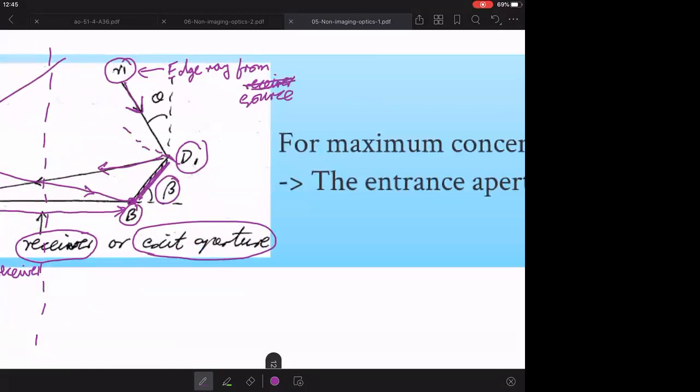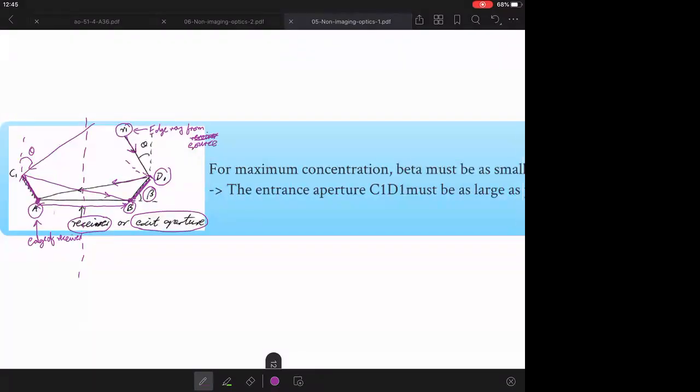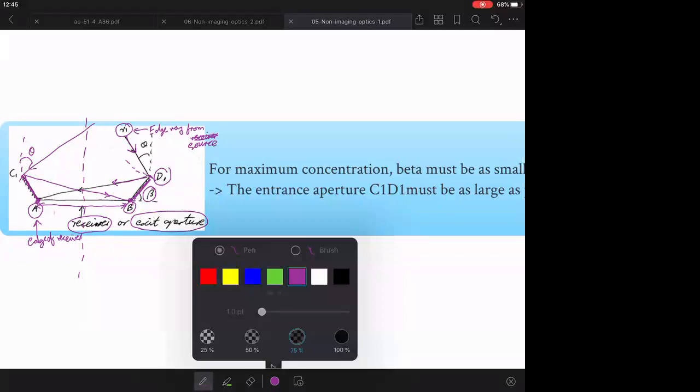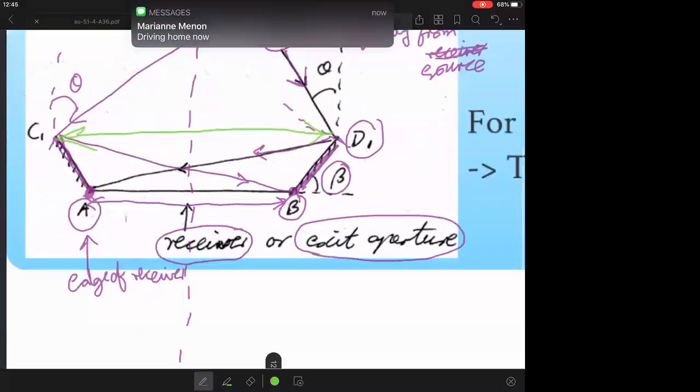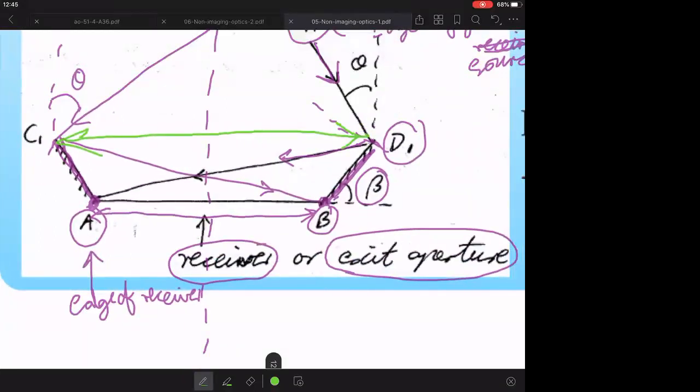If you were to imagine the mirror, if I tilt it down, I'm going to open up the entrance aperture, right? So I'm going to change my color so we can see it a little better. This is my entrance aperture.